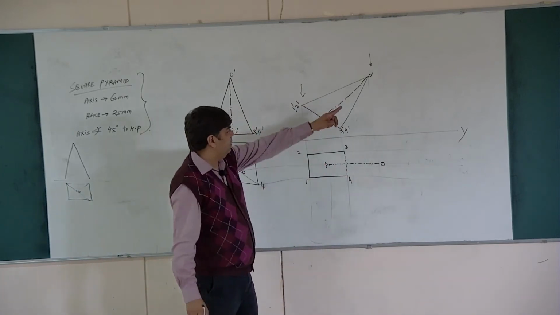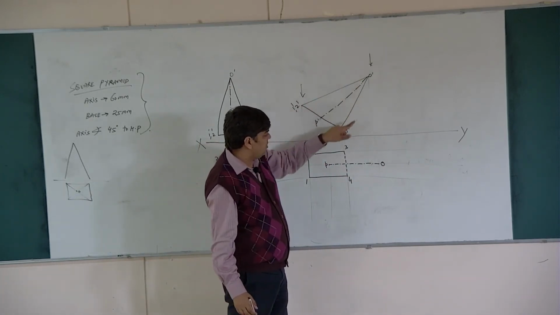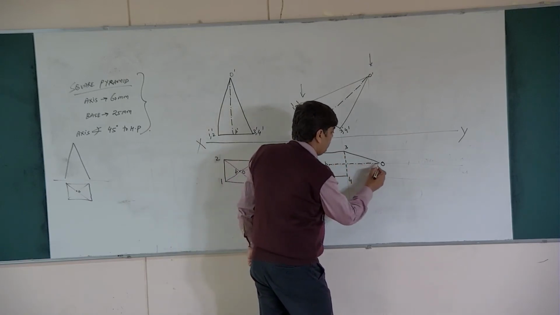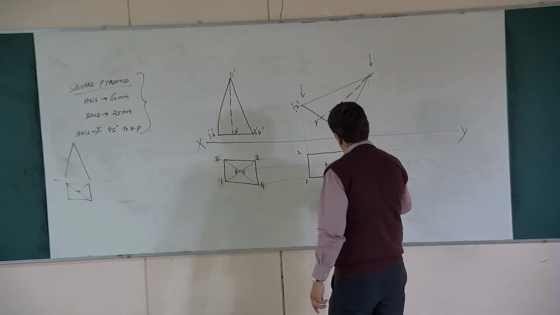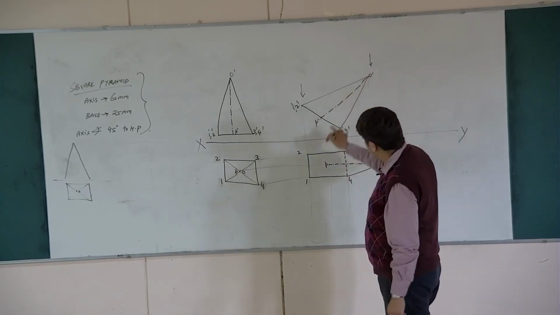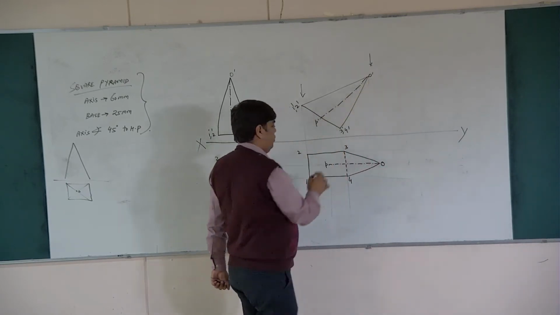O to 3: O is continuous, 3 will always be continuous. So O to 3 is continuous. O to 4, same logic, continuous. Then O to 1, O to 2.